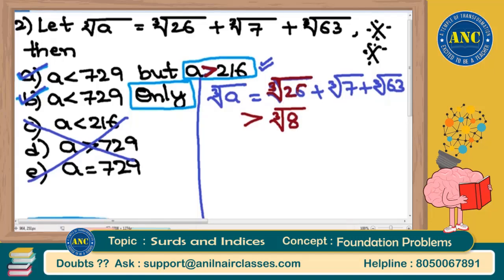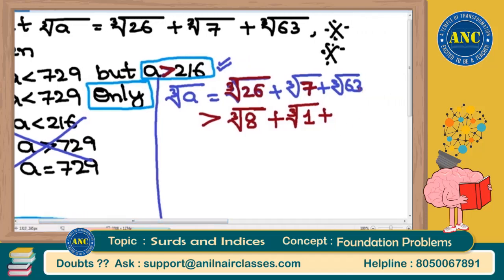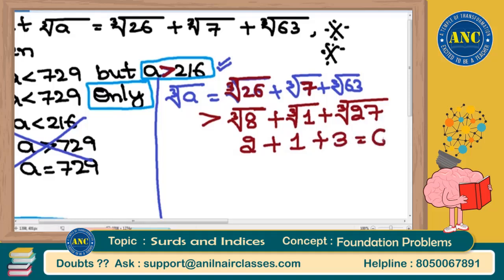Cube root of 26 is definitely greater than cube root of 8, plus the perfect cube before 7 is 1. Cube root of 7 is definitely greater than cube root of 1, and similarly cube root of 63 is definitely greater than cube root of 27. Can I say that cube root of 8 is 2, cube root of 1 is 1, cube root of 27 is 3, it is 6.